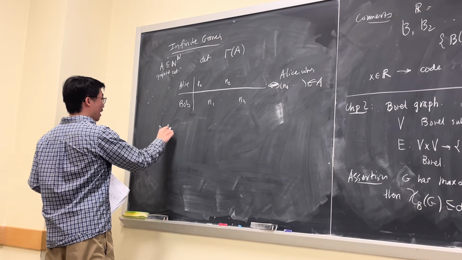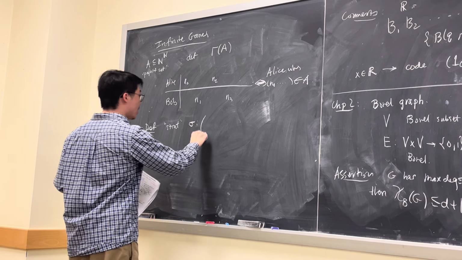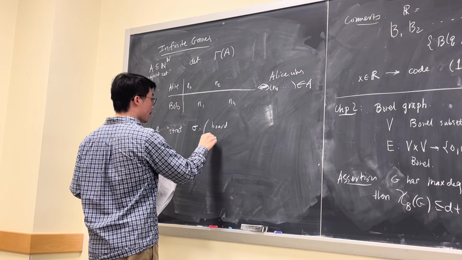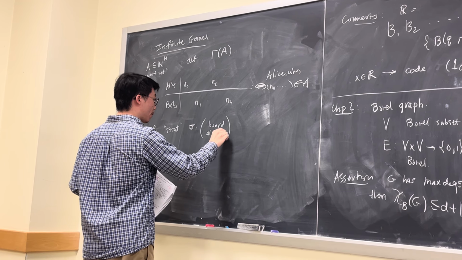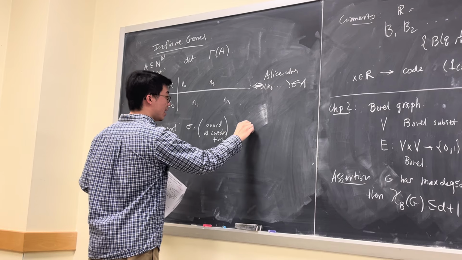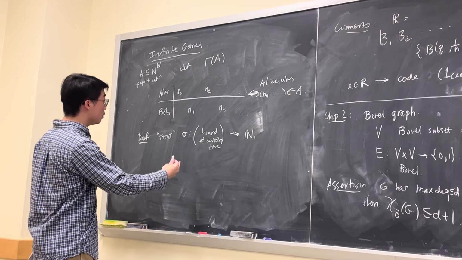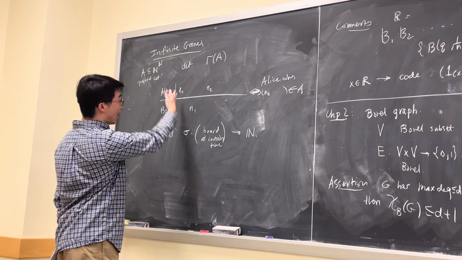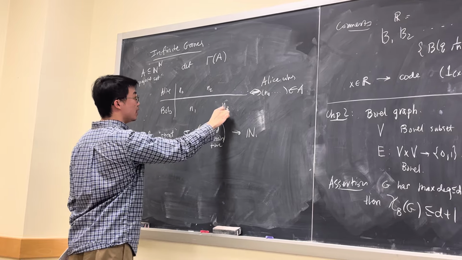I'll define a strategy. Sigma is something that looks at what the board looks like at a certain time, and outputs a natural number. Okay. So a strategy would be, for instance, at this stage, I see these three numbers on the board, and the strategy cooks up some entry that I write down.